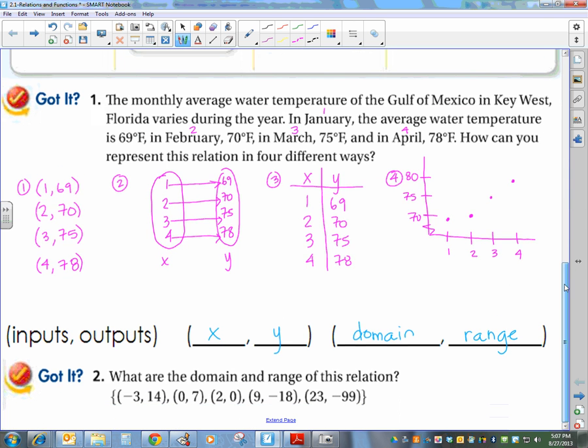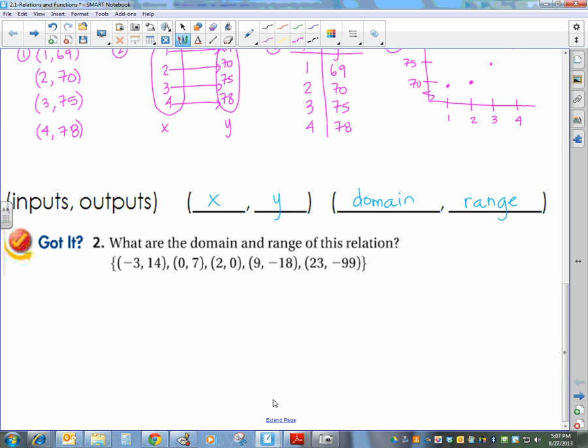Okay, so keeping that in mind, we have a question here. What are the domain and range of this relation? As we just commented, x is our domain, y is our range. So my domain, you do need to list these in order, but it's the x coordinates. So the smallest one first: -3, 0, 2, 9, and 23.